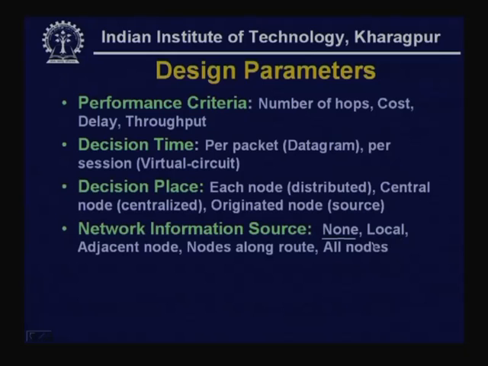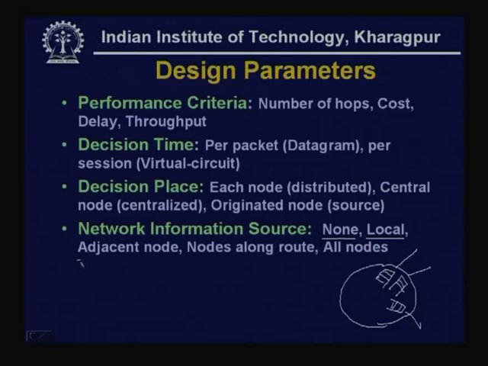In the second case, it may use some local information. For example, you have got a node and you have got say 3 links. So, the output queue length of each of these paths may be considered as the information that is being used for routing. So, in that case we call it local, it does not gather information from its neighbors or any other node.